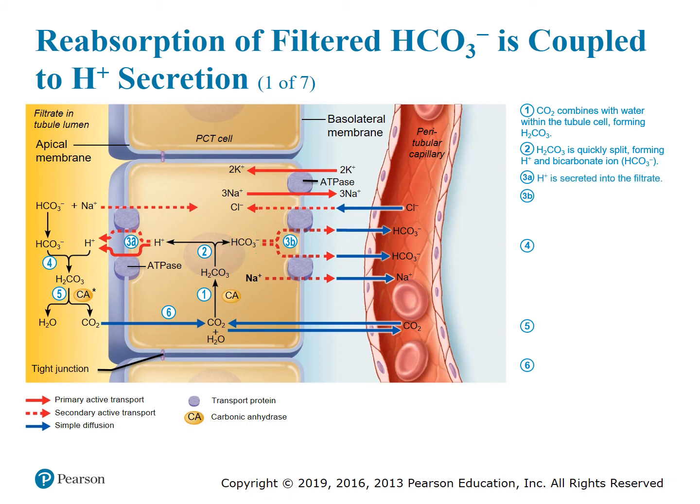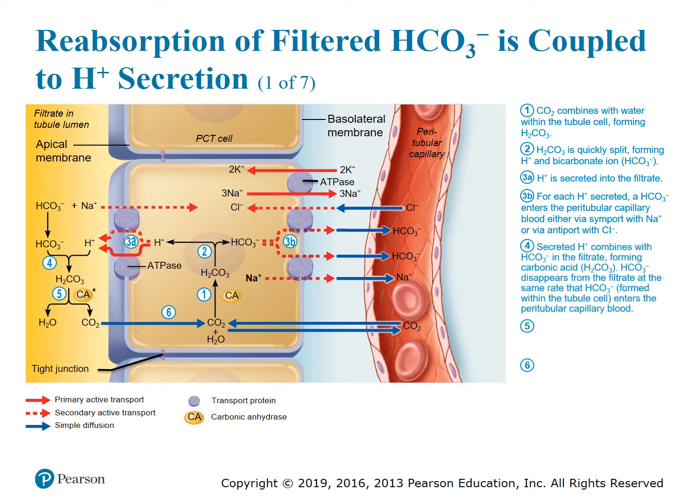So the hydrogen here gets secreted into the filtrate, and the HCO3 gets secreted, and basically in its secretion it enters the peritubular capillary. Now this is going to enter either, as you can see here, symport with sodium in the same direction as sodium, or antiport with chlorine in the opposite direction from chlorine.